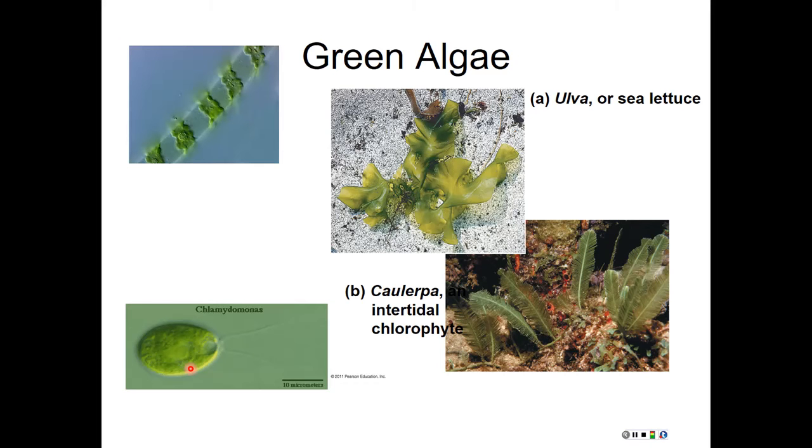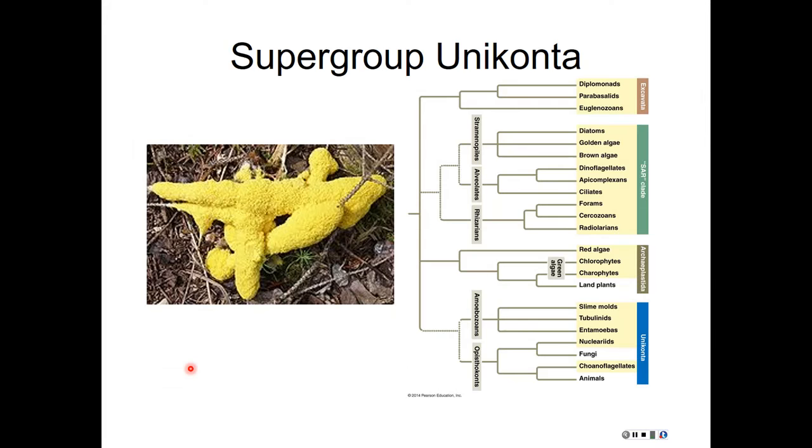Some are freshwater, some are marine, meaning that they are in the ocean, and some are even terrestrial. The terrestrial ones you're probably going to find in a fairly moist environment, or perhaps in a symbiotic relationship with another organism.